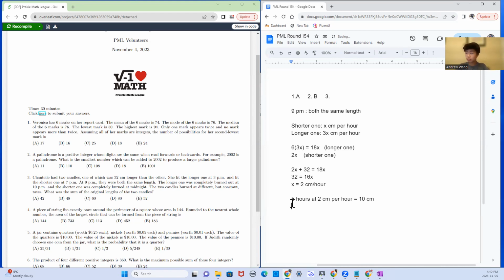Now the longer one burned for 7 hours at 6 centimeters per hour. So it burned 42 centimeters.